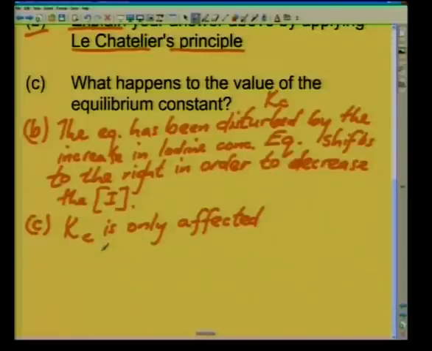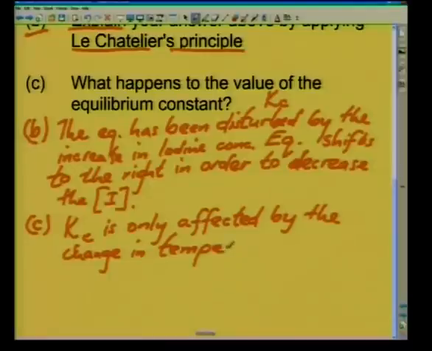I'm just explaining it. So Kc is only affected by the change in temperature. Every other change does not alter the value of Kc. So the answer to C will be to say that Kc remains constant. Okay? It remains the same.